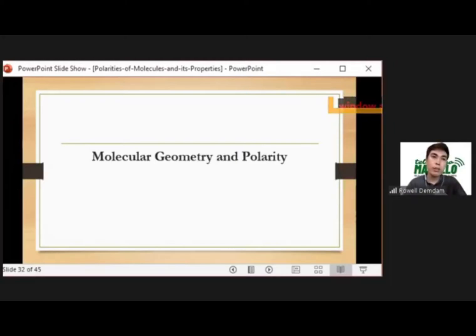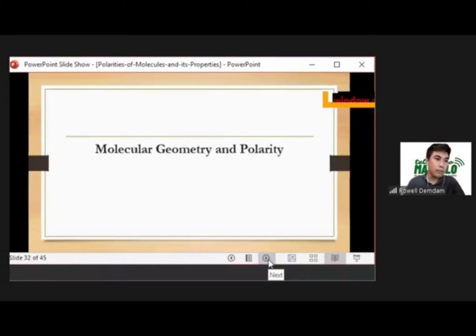However, not all polar covalent bonds result in polar molecules. A molecule's polarity is also affected by its molecular geometry, which in turn is influenced by the electrons in the molecule. The electrons that have a significant effect on geometry are those that can be seen in the Lewis structure of molecules. So first, what is molecular geometry?